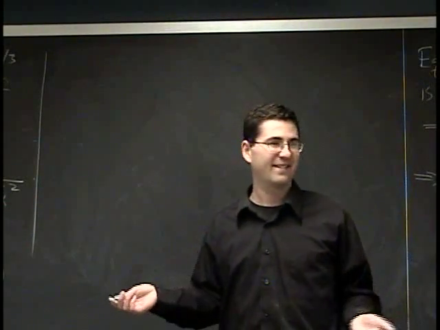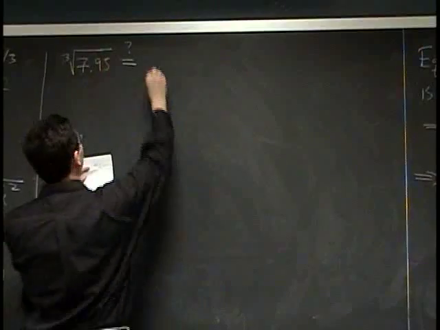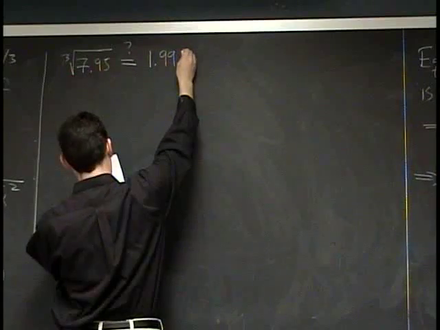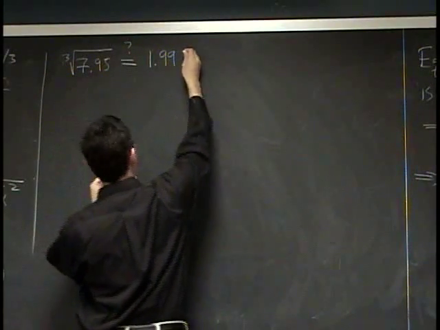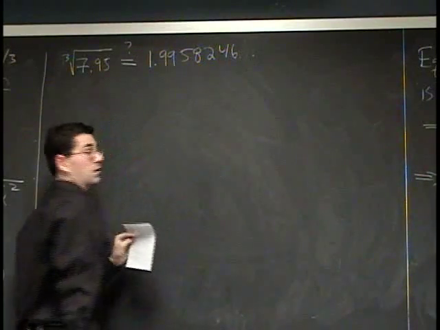But what's it going to equal? I'll tell you roughly, because I put it into my calculator back in my office. I won't give you all the decimal places. It equals 1.995824. So it is very close to 2.